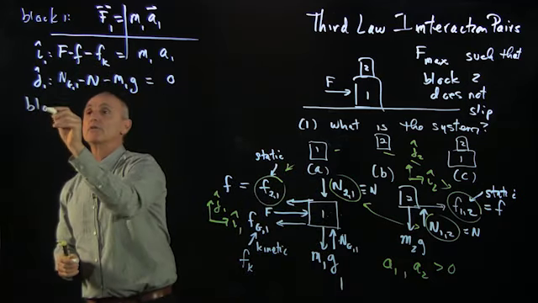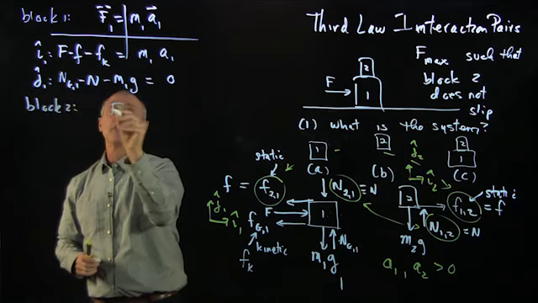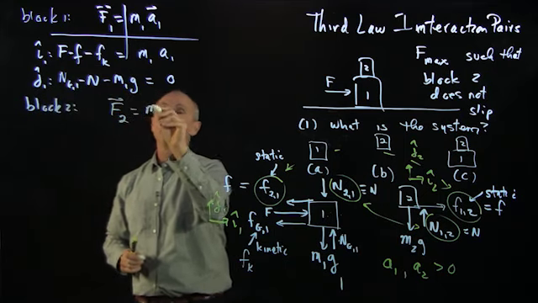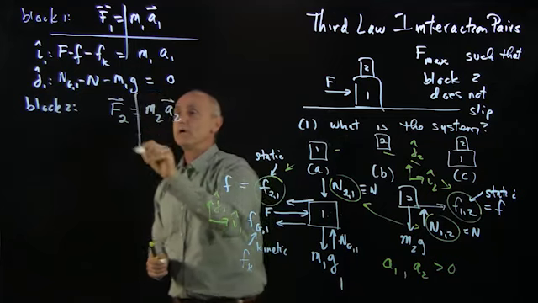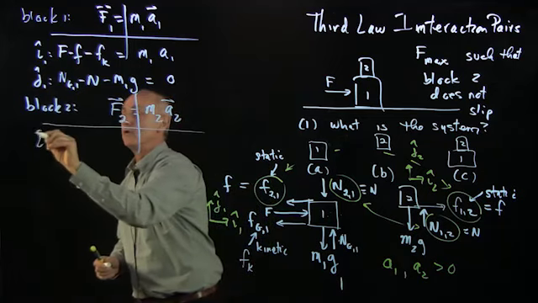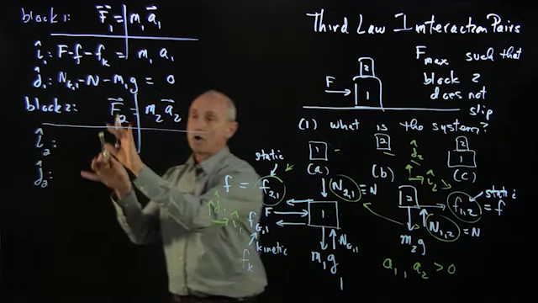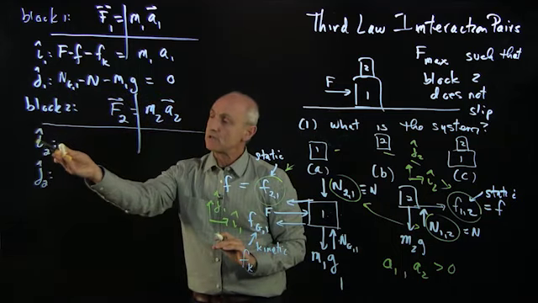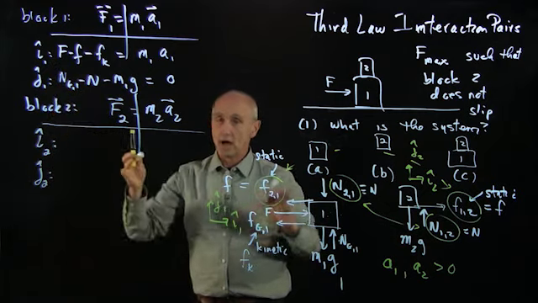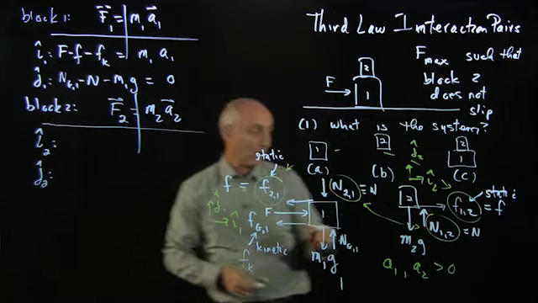Now, for block 2, I'll apply the same analysis. F2 equals M2 A2. Separate out my two unit directions. Notice, even though these unit vectors are the same, I'm emphasizing that I'm talking about block 2. I could have chosen different coordinate systems if I want.